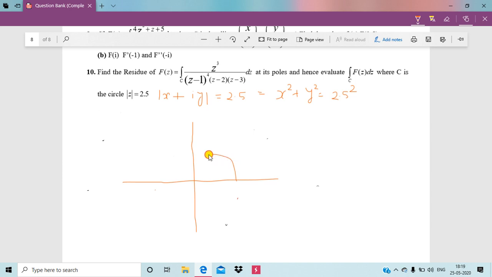We are drawing a circle, a rough sketch, whose center is 0, 0 and radius is 2.5. So this is the center of the circle, which is 0, 0.